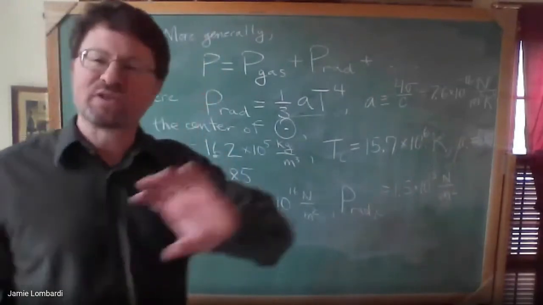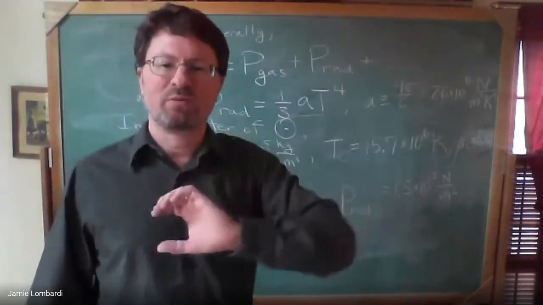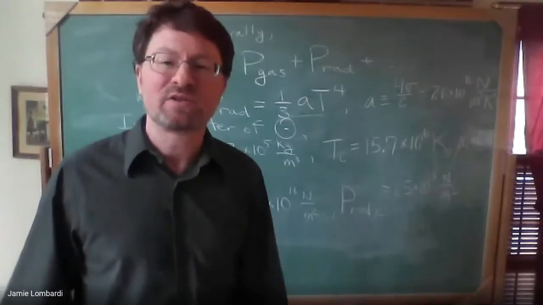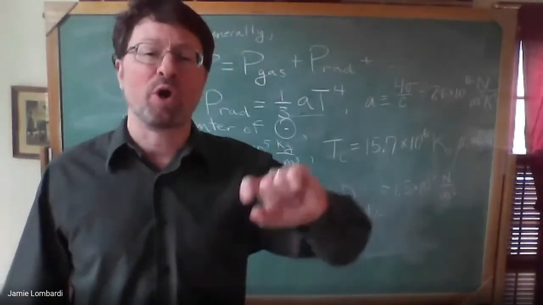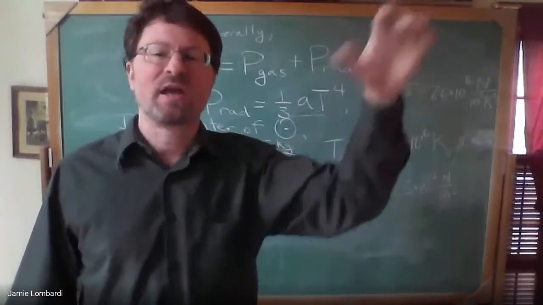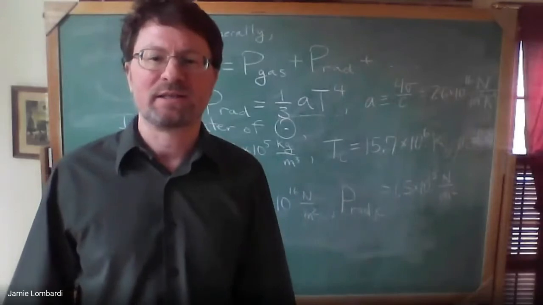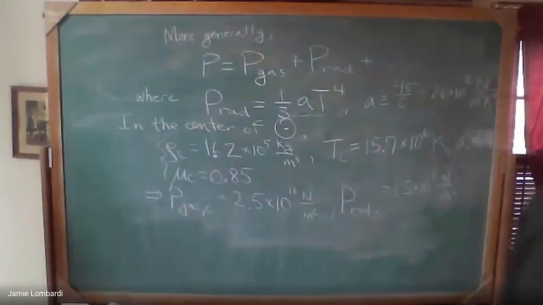But for main sequence stars, at least, and this meant something on the Hertzsprung-Russell diagram, even though the radiation pressure becomes more important as you go up to the higher mass stars, it still is always not quite as important as the ideal gas pressure. Okay, thank you. Other questions and comments?